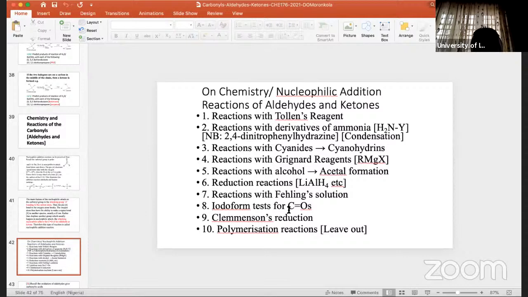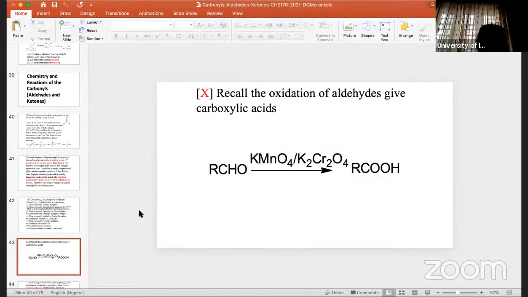They are unique, it's characteristic. You can easily say, oh, this is the type of ketone that has resulted in producing our iodoform. Then the last aspect is the Clemmensen reduction, which I think I compared with another analogous reaction. They are quite simple. Let's quickly go through each of them.